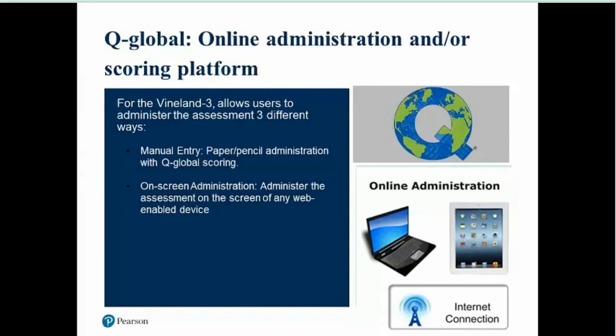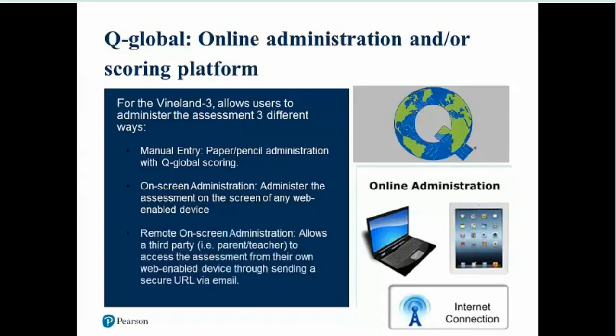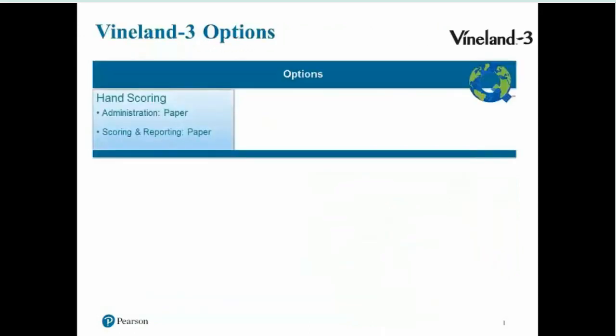You can do an on-screen administration, which means that you administer the assessment on the computer screen of any internet-enabled device, or remote on-screen administration, which means that you're emailing a link to a teacher or a parent through the Q Global platform, and they can do the questions on their own device, in their own time, in their own setting. So in summary, hand scoring, you can administer via paper and score via paper using the norms that are available in the PDF.